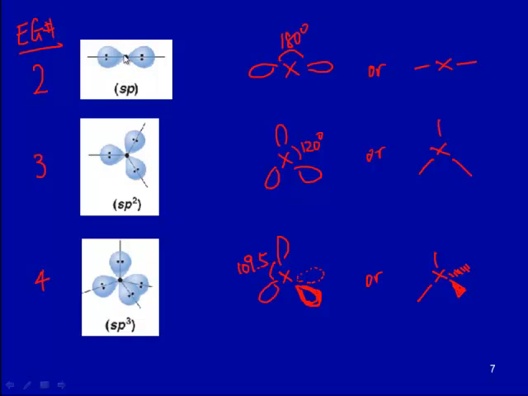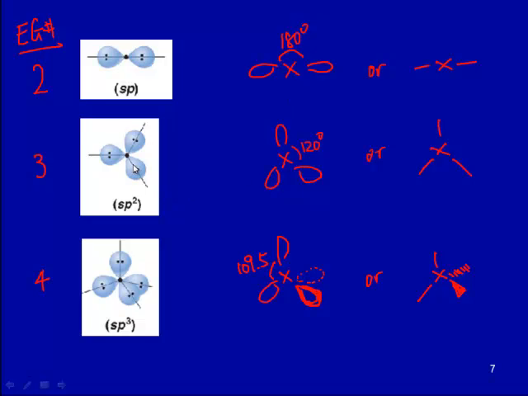But more appropriately, they should just use those electron clouds. As you can see here, if you have 2 electron groups, those 2 electron groups are represented by these 2 lobes, and they have to line up on a line. It's a linear shape. The angle between those 2 is 180.